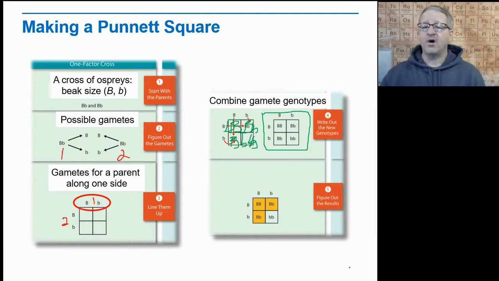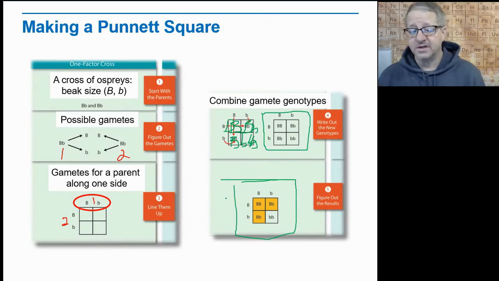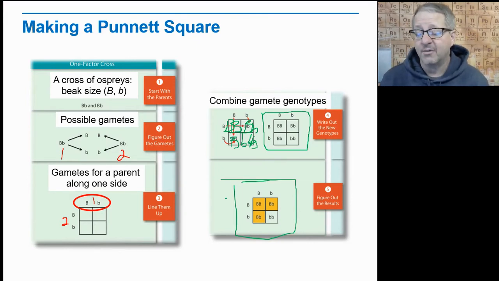So we also know from this result that we could have 3 different genotypes, but we could only get 2 different phenotypes. But in a simple cross like this, what we call a one-factor cross, you see that up here?